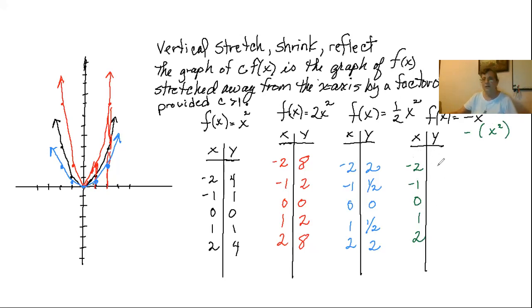So instead of all positives, with the exception of 0, this is going to give me all negative numbers. And what happens is that now all of my y values are negative. And I have exactly the same shape as the original x squared, but flipped down.